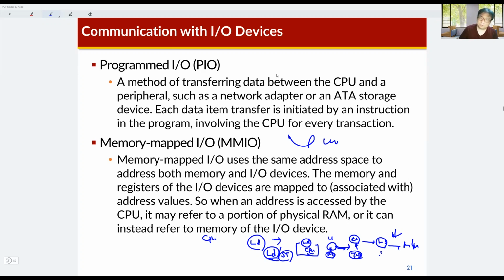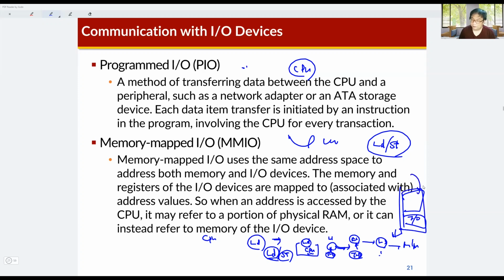In order to support programmed I/O, the CPU requires dedicated instructions that access the I/O devices. But with memory mapped I/O, we just need the load and store instructions, and the memory space of the I/O devices is included in the entire memory space of the computer system.